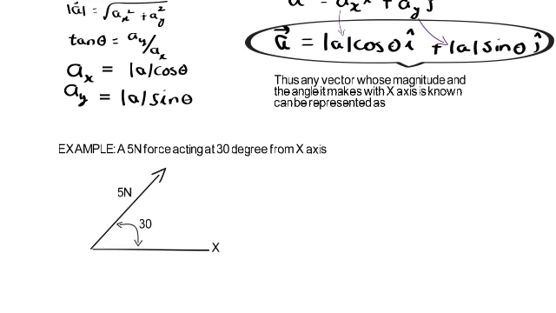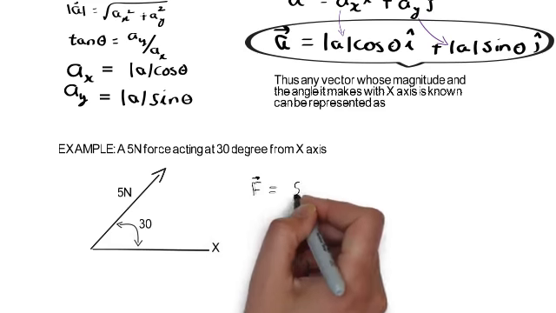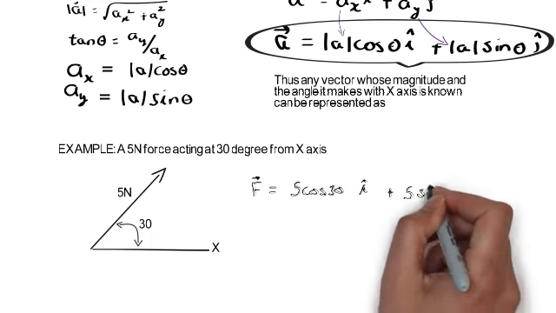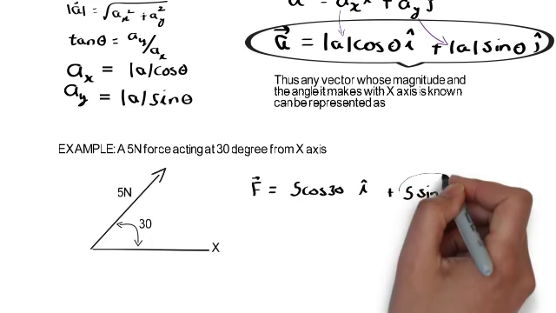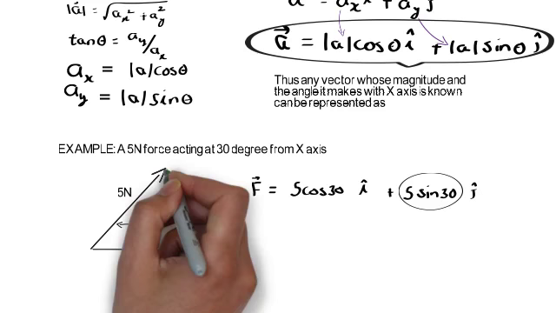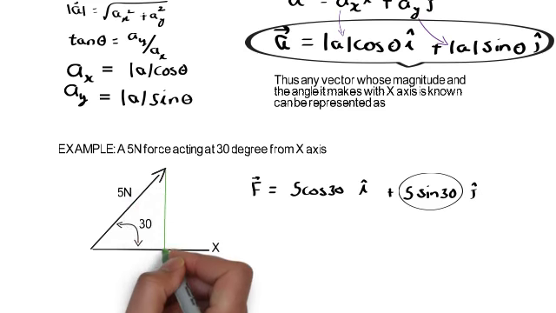As we have just discussed, I can write F vector equal to 5 cos 30 i cap plus 5 sin 30 j cap, where 5 sin 30 is the intercept on the y-axis of the perpendicular dropped from the head of A on the y-axis.